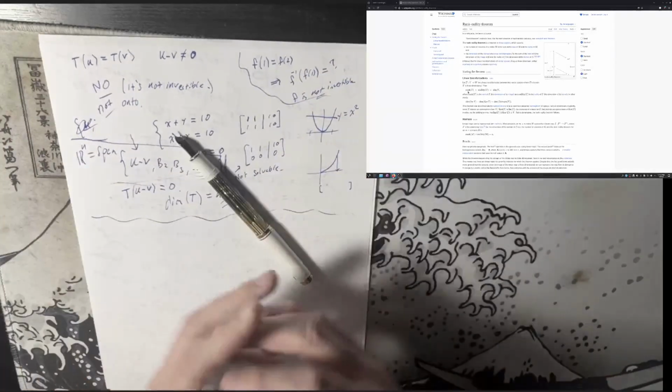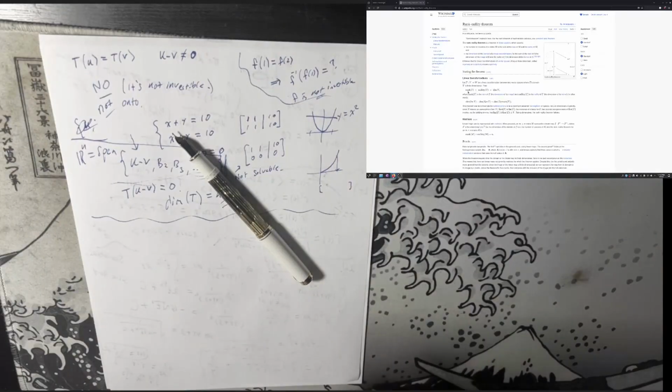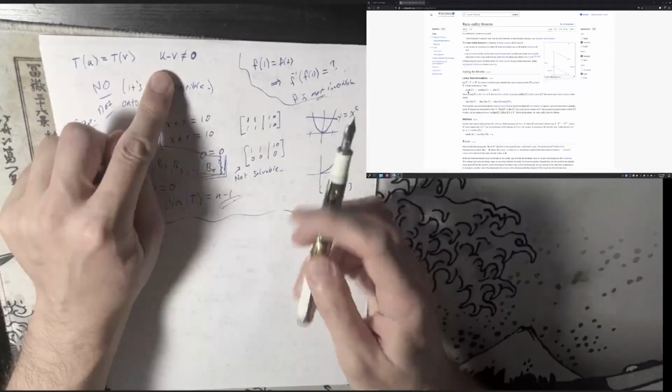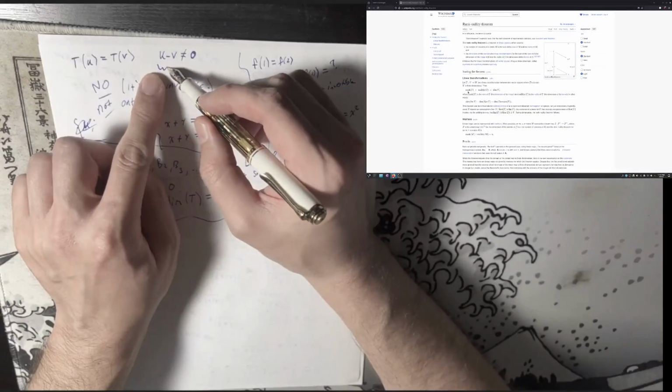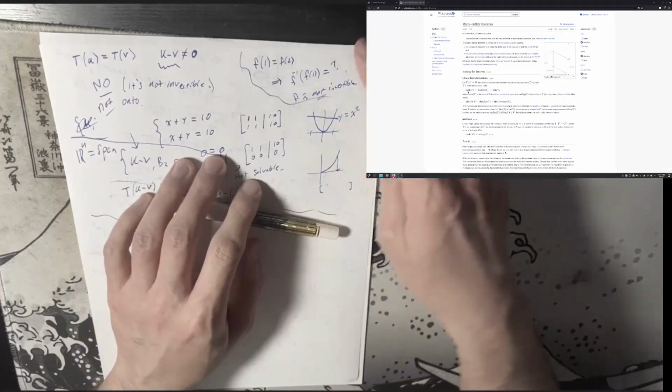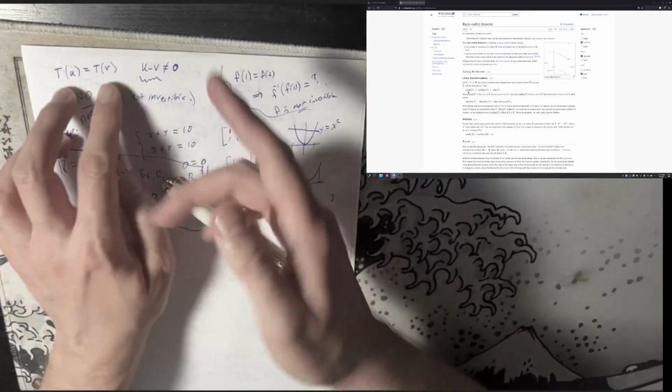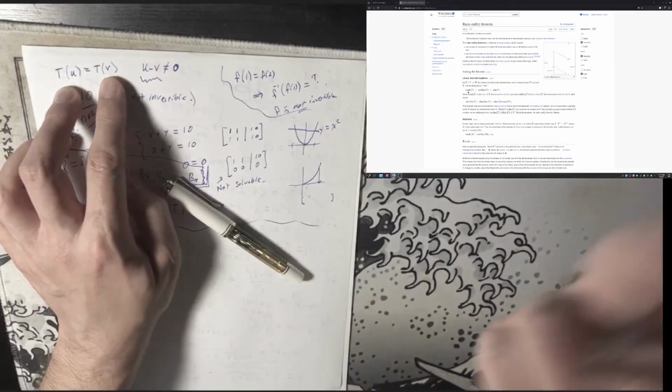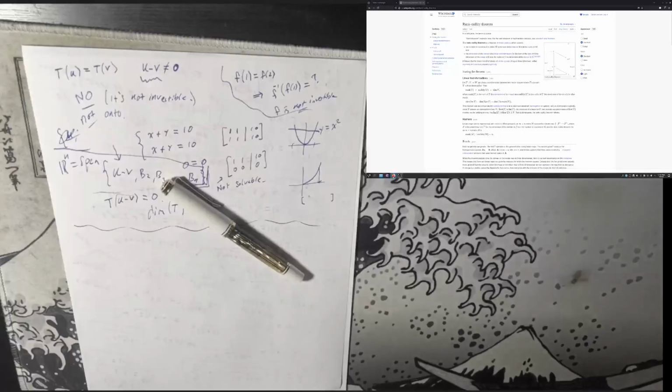But it didn't say that that's the only vector that it kills off. Right now, all we know is that it does kill this vector off. I suppose it could be possible if there's a distinct other pair. It might also be equal to T of W, right? And then they just didn't mention it. So never mind.